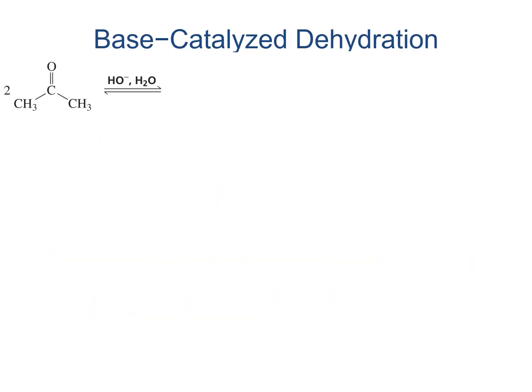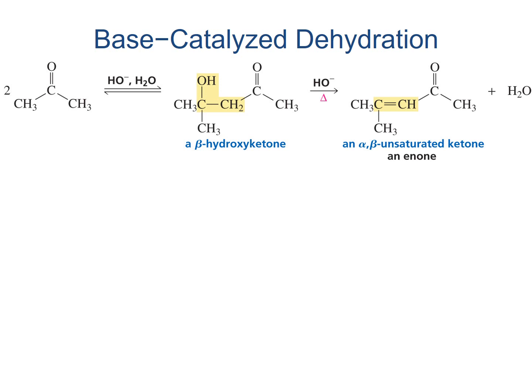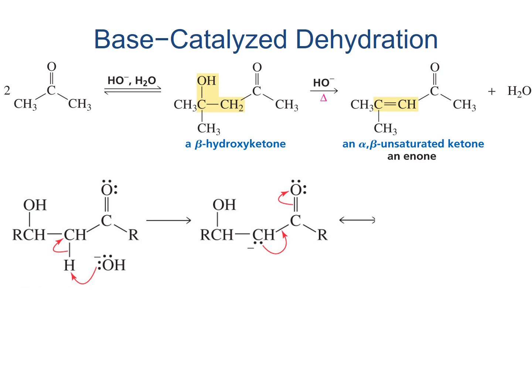If you want to do base, you can also do that. Base will create your beta hydroxy ketone from the mechanism we talked about earlier. Then base will also remove that alpha position hydrogen again, creating a double bond. So this would be pulling off, after you've made your beta hydroxy ketone, the alpha hydrogen that is again still acidic, pushing that electron down.